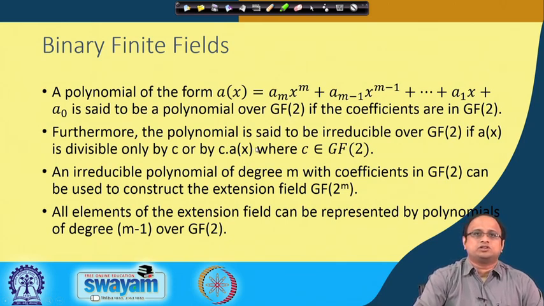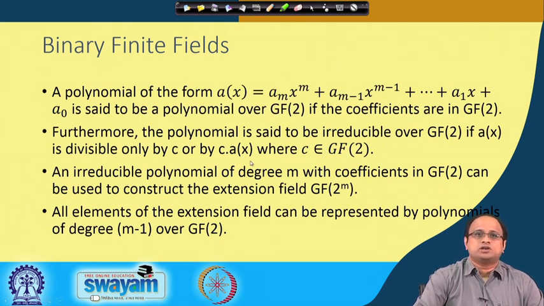Furthermore, this polynomial is said to be irreducible over GF(2) if A(x) is not divisible by c or by c·A(x), where c is of course a constant which belongs to GF(2). That means you do not have any non-trivial factors of the polynomial which belongs to this field.